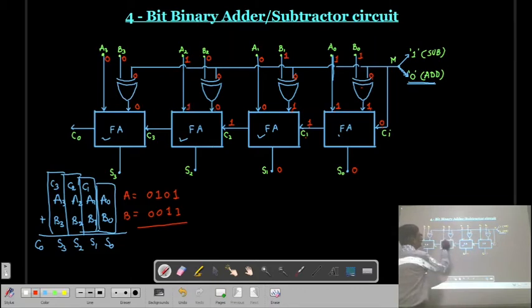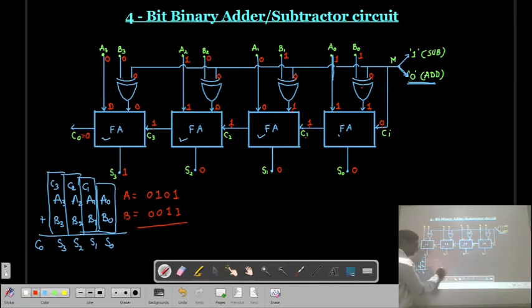Now A2 is 1 and this C1 is also 1. So 1 plus 0 will be 1. 1 plus 1, that sum is 0 and the carry will be 1. Here A is 0, B is 0, C is 1. So the addition of this is going to be a 1, that is the sum will be 1 and the generated carry is 0.